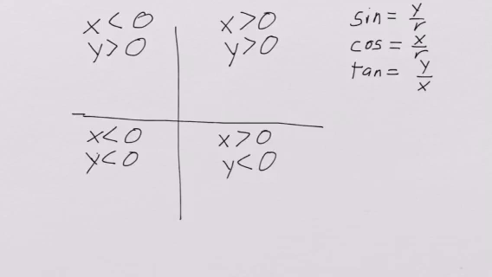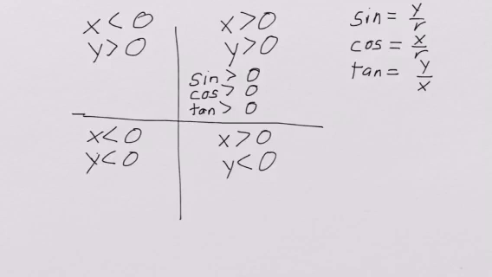Now in the first quadrant, with all of those, we're dividing a positive number by a positive number. So sine, cosine, and tangent are all going to be greater than 0, or positive.